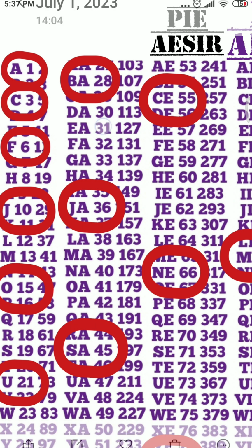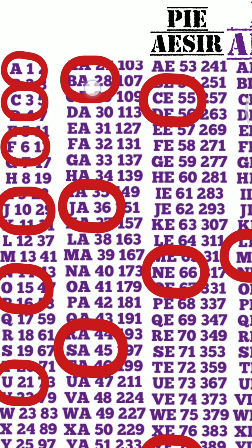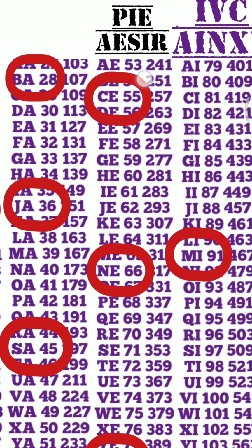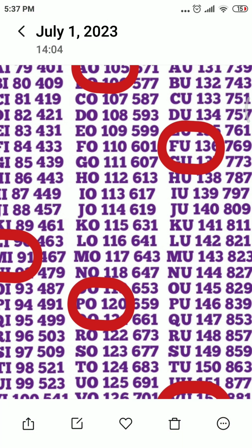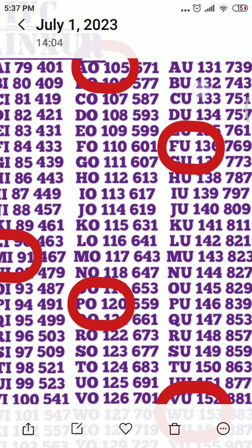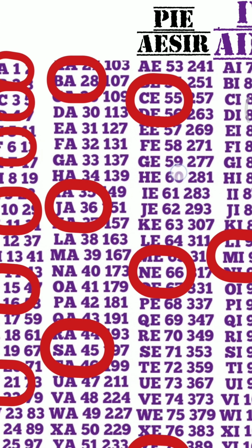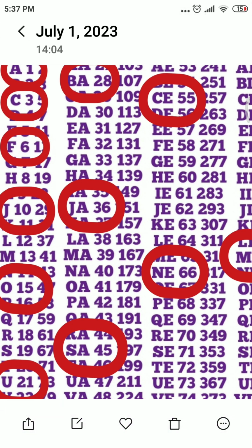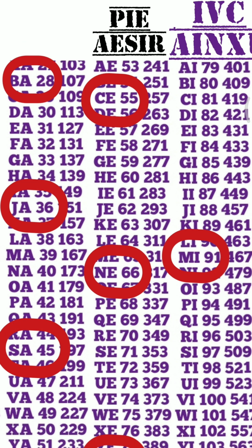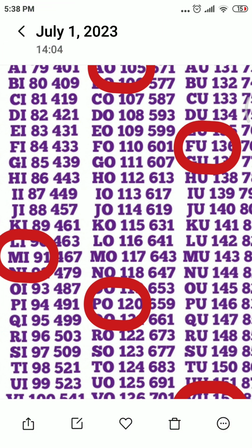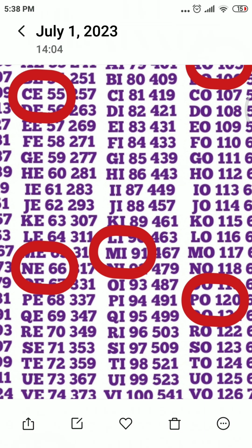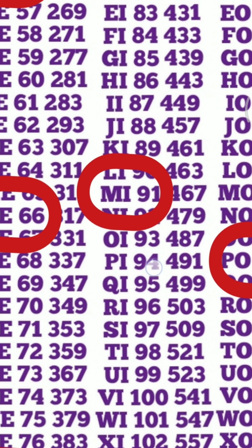This is A with vowel A meaning 1. A is nothing but number 1. And E is basically 5. I is 9. O is 15. U is 21. So A, E, I, O, U basically mean 1, 5, 9, 15, and 21. So we are somewhere here now.